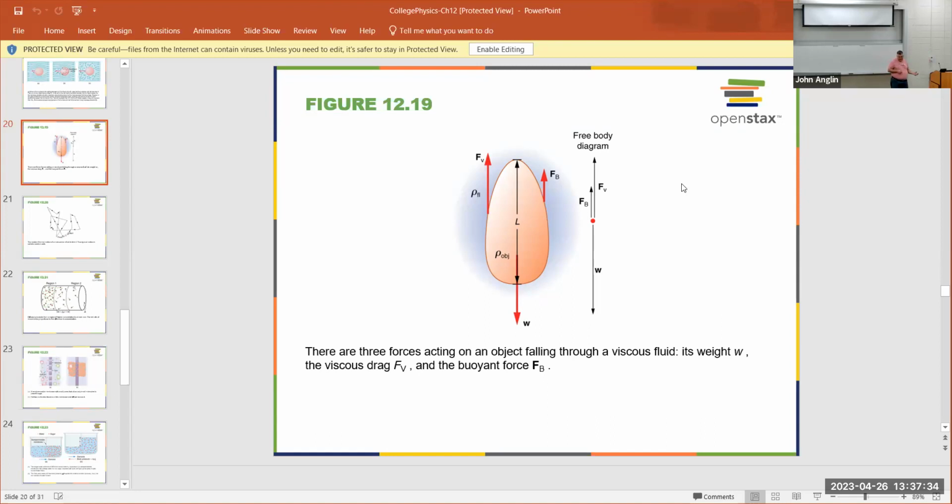That's what we call terminal velocity. So this is why when you drop something, it does not continue to accelerate forever until it hits light speed.